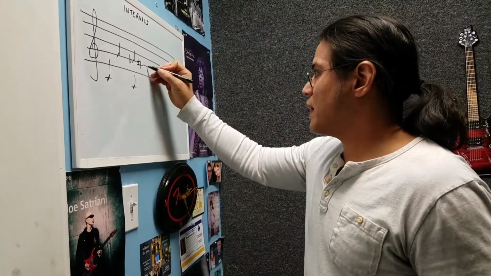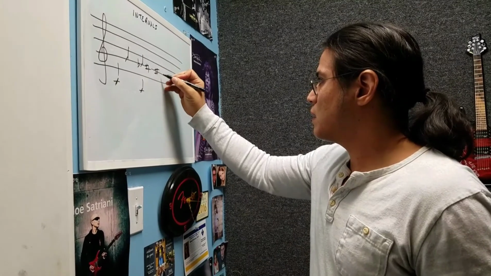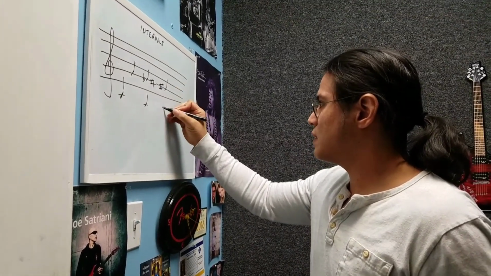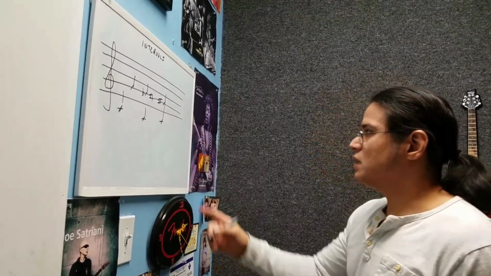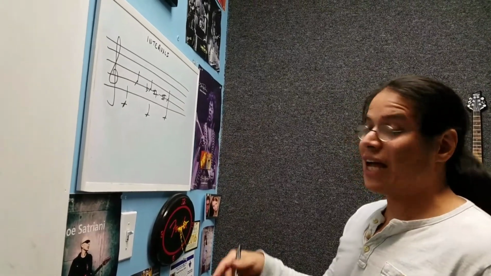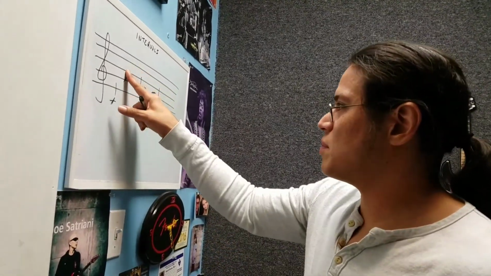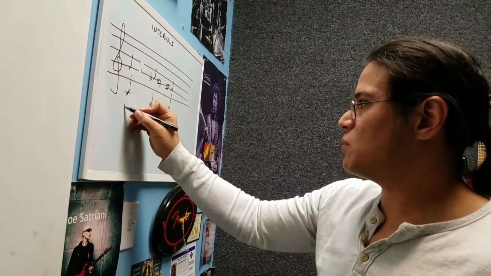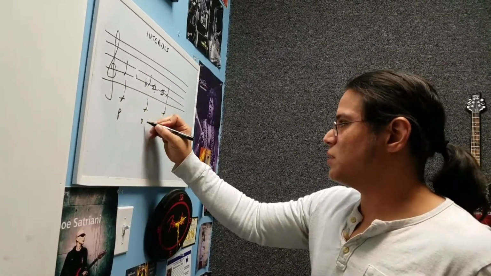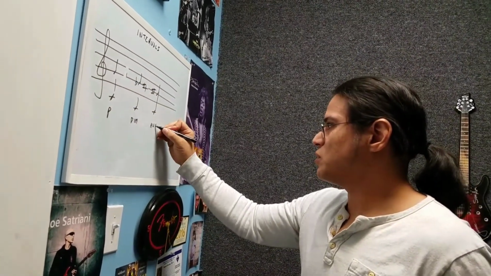So now if I do the same thing, but with C to G sharp, now I have an augmented interval. Let me just keep them all the same. All right, so this one is perfect, this one is diminished, this one is augmented.